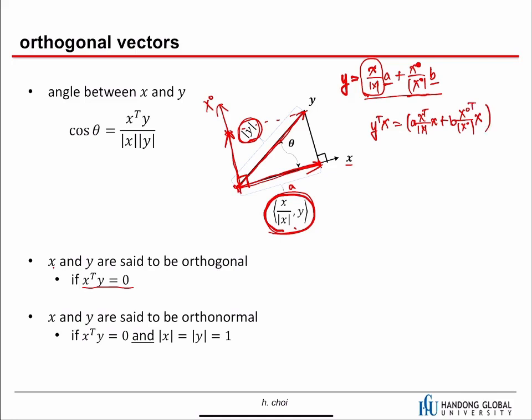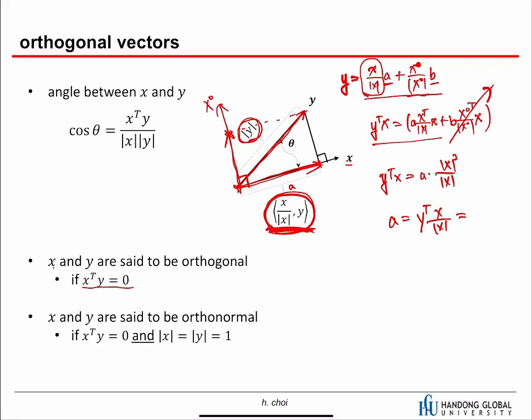Okay, then since this one and this one is orthogonal, then we can cancel this out. So now we have this part. And then y transpose x is a times x square, right? So a is actually one over norm of x, times y transpose x. This one is actually this one. So we can get this number.